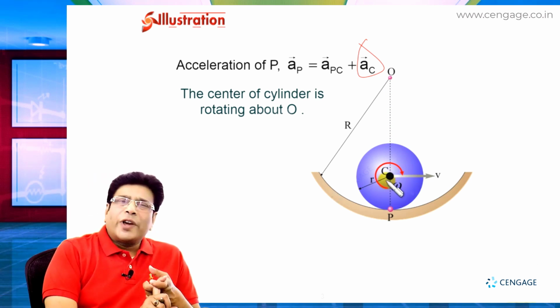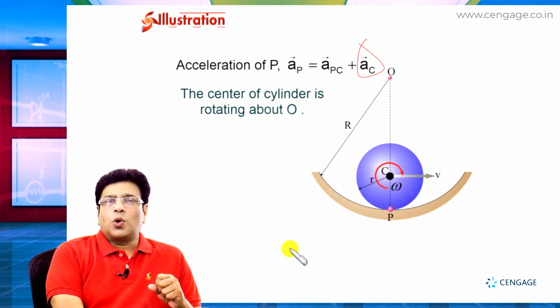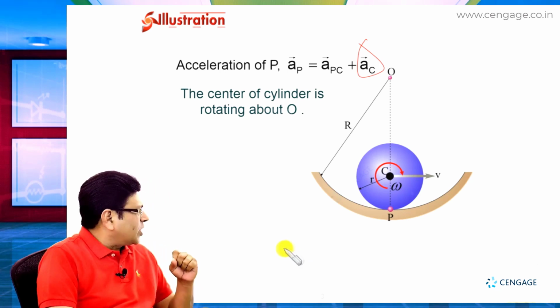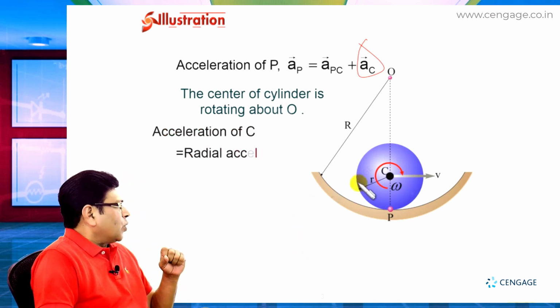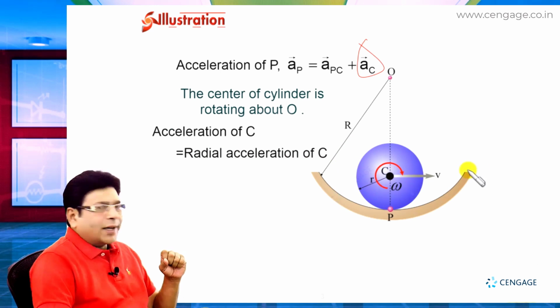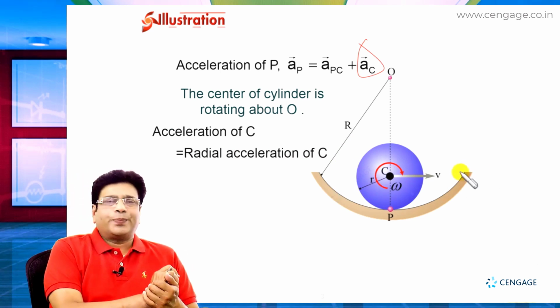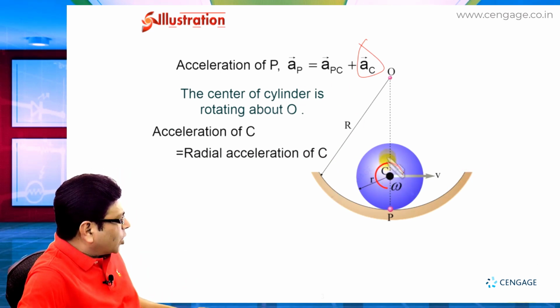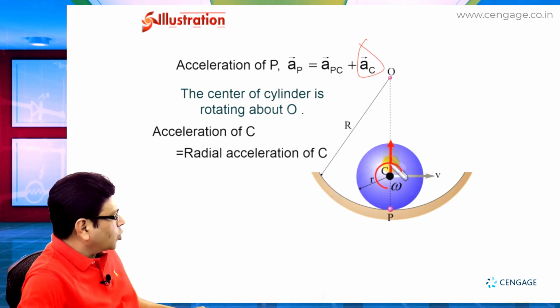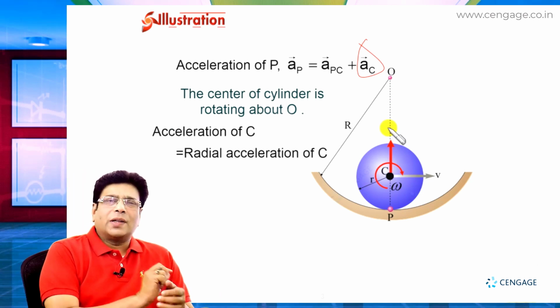So we can say the acceleration of point C should be equal to the radial acceleration of C because it is moving on the circular track. It means the acceleration direction of point C should be toward O like this. It should be in the upward direction, that is toward O.